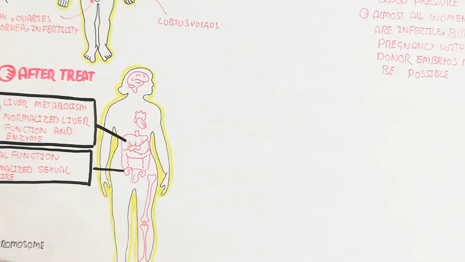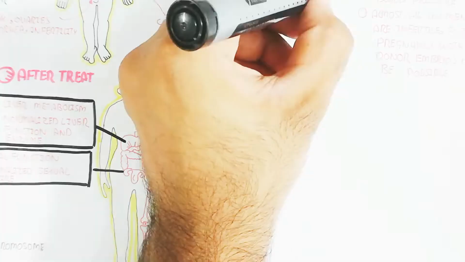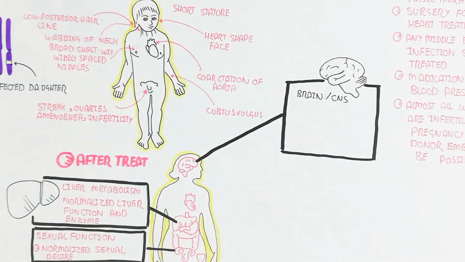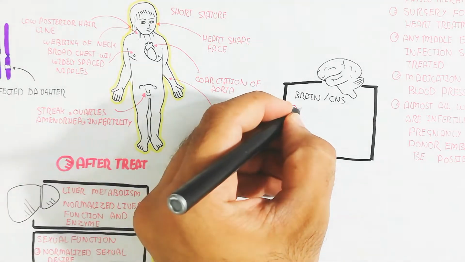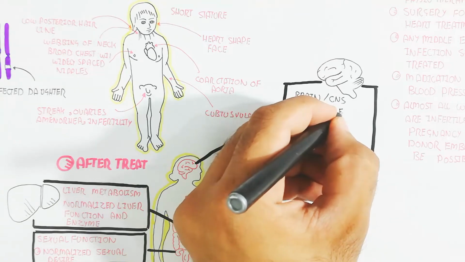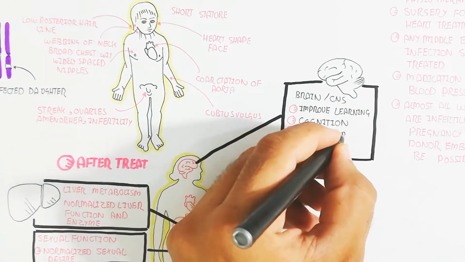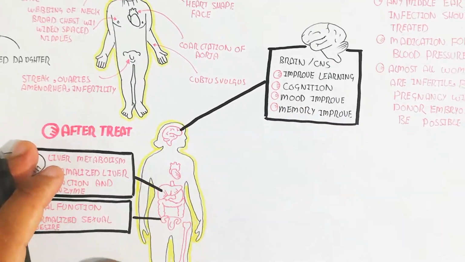The brain and central nervous system will be treated, with improved learning, cognition, mood and memory, and a lot more. On the other hand, we can learn more quickly and easily.